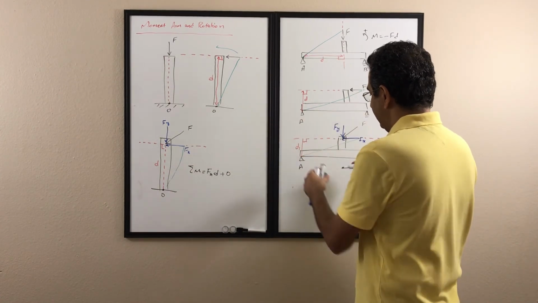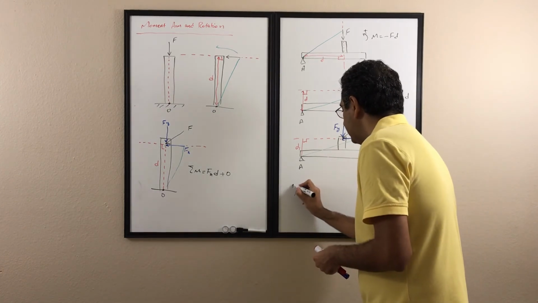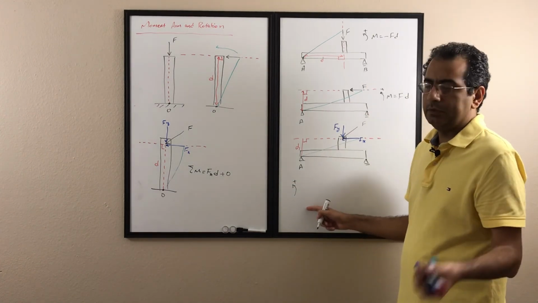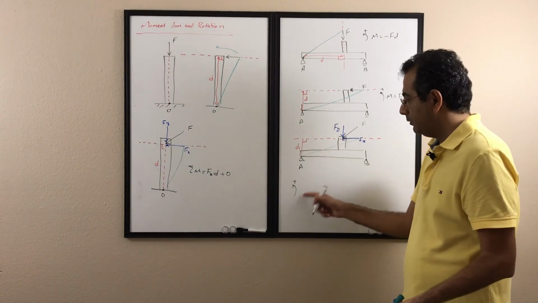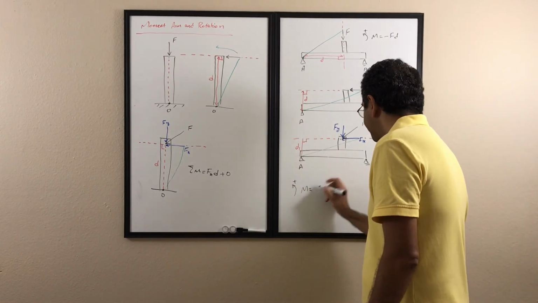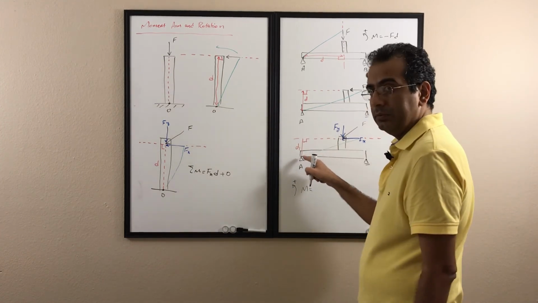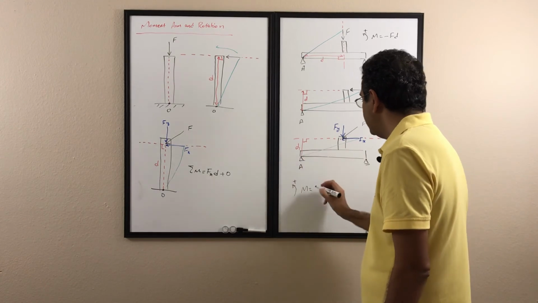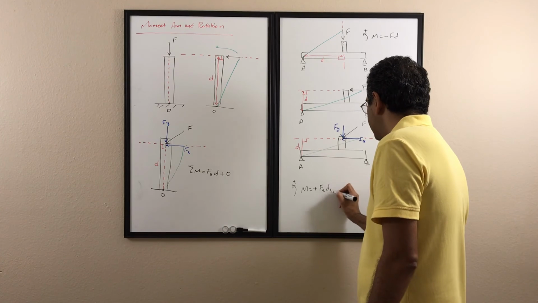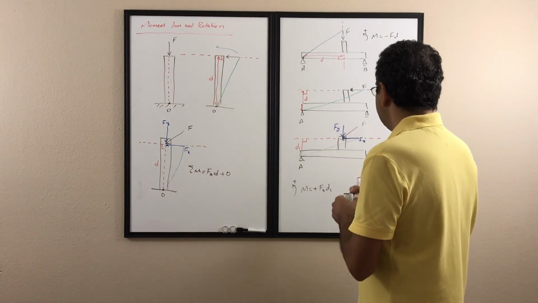If that is fixed at A, and I assume counterclockwise is positive, though you can consider clockwise positive, here we assume counterclockwise positive. Because Fx rotates counterclockwise about point A, M is positive Fx times D1.